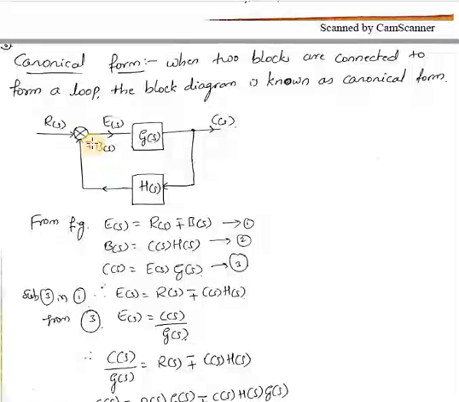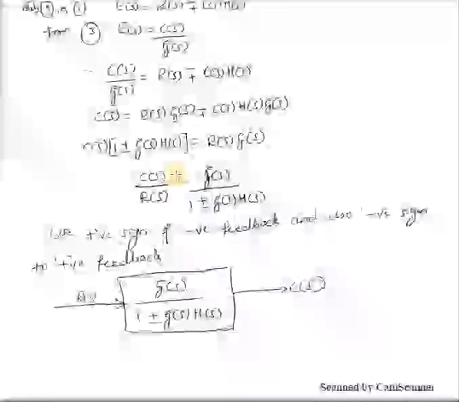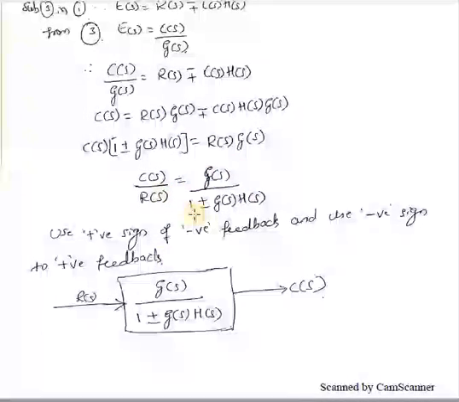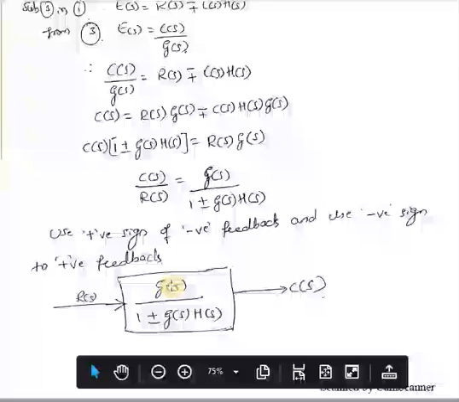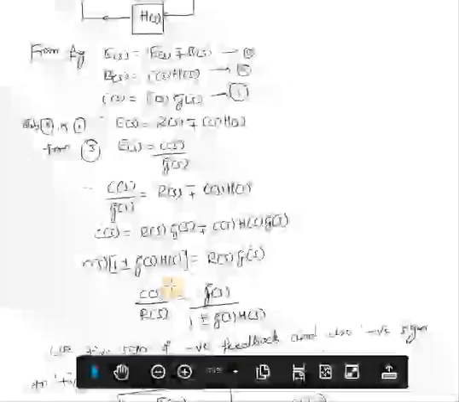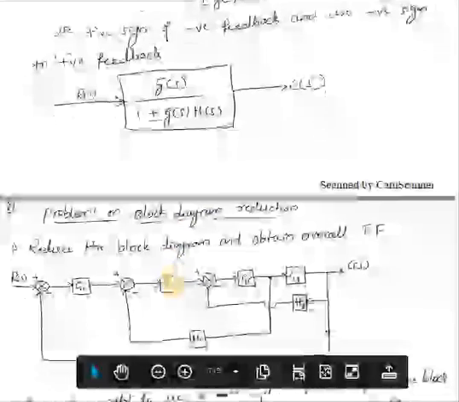If here it is minus, you have to write plus. If here it is plus, you have to write minus, 1 plus or minus G into H. So you can replace the whole system by a single block. To solve the problems, you need to remember all these 10 rules. So we'll start with the first problem.